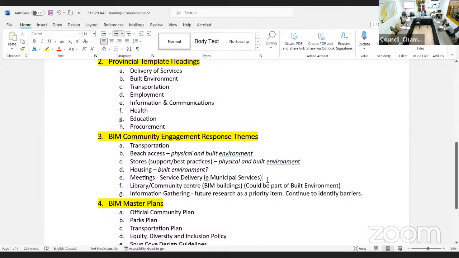Or do we go with a topic like built and physical environment, with a section for municipal properties and another for other people's property?